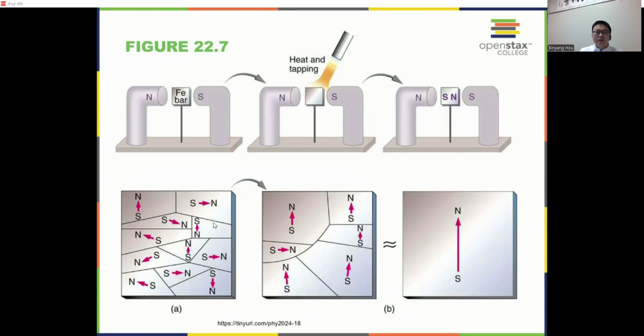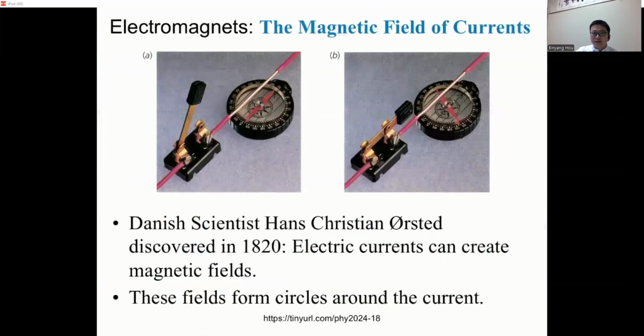Originally, it's quite random. After you heat it, it becomes more uniform in one direction, and at a certain time later, it becomes very uniform. So now you have a magnet in the iron material.